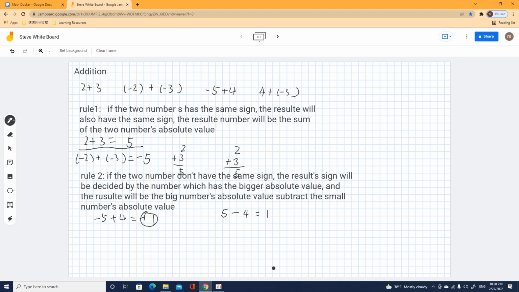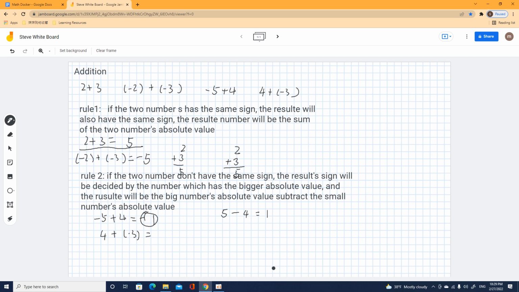Similarly, for example, if we do 4 plus negative 3, you see here the bigger number is 4, and the 4's sign is positive, and the smaller number is negative 3. Its sign is negative.